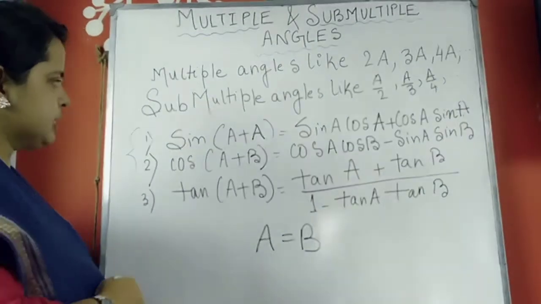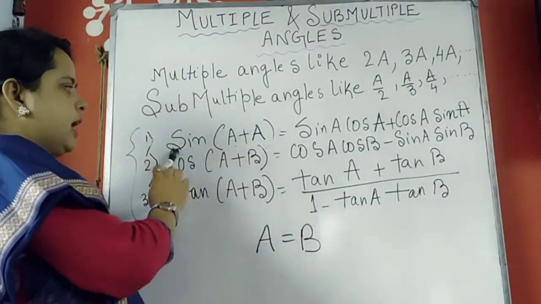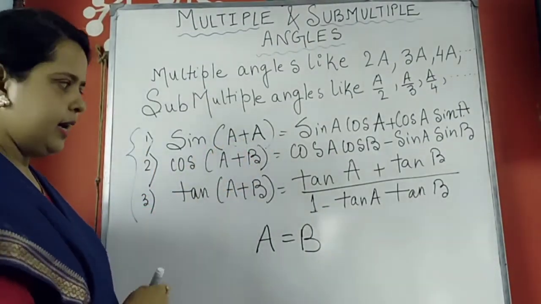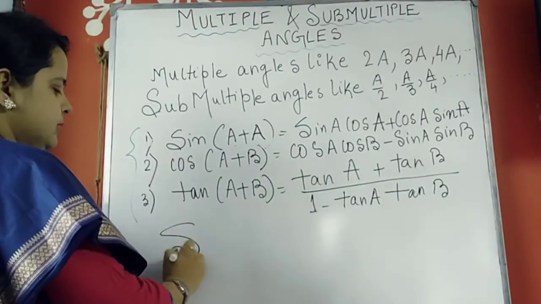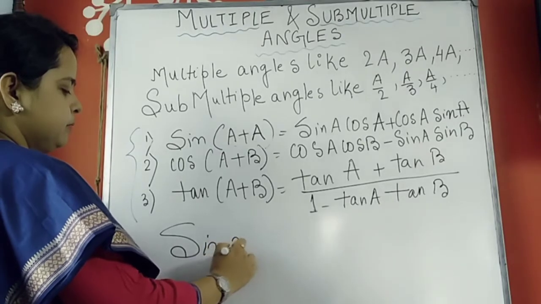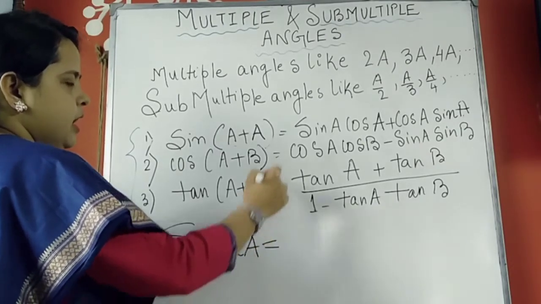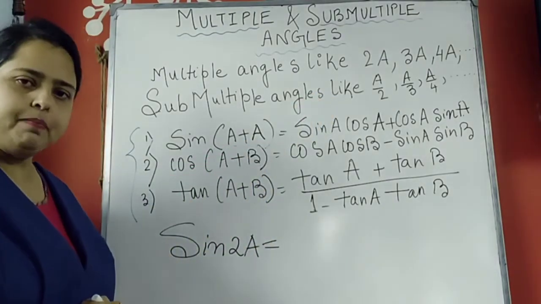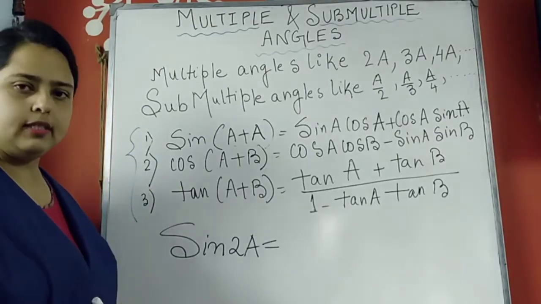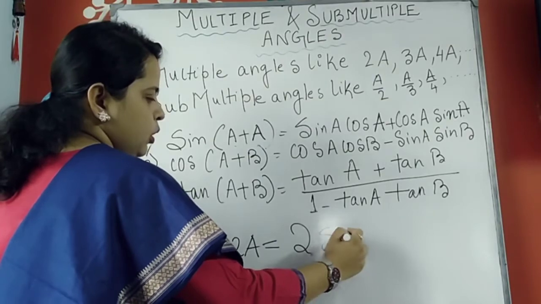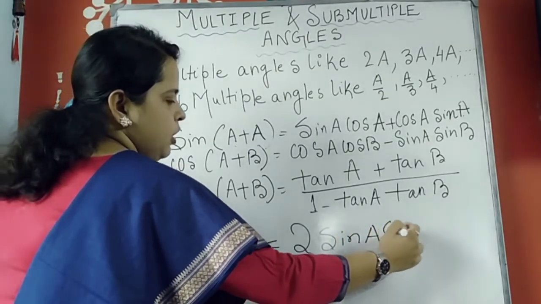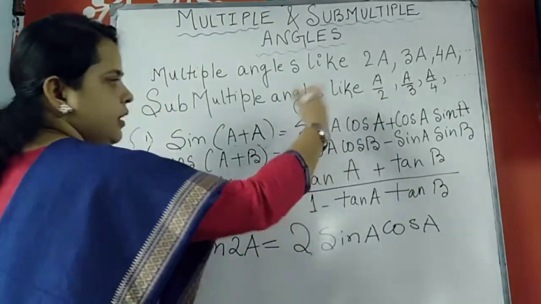Now read the first formula again: sine A plus A. Can I write sine A plus A as sine of 2A? Now read the RHS part: sine A cos A plus cos A sine A. Can I write it as 2 sine A cos A, because the same term is there here and there?